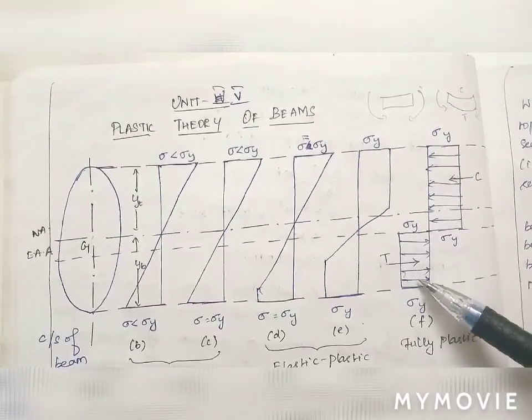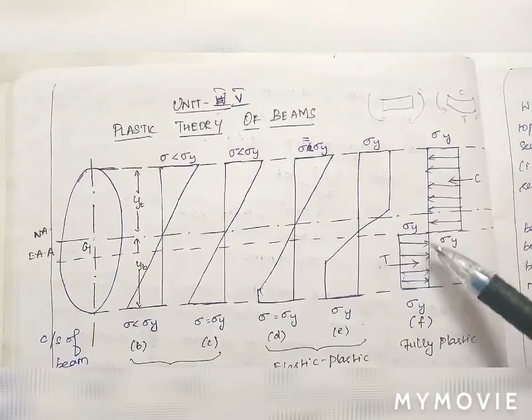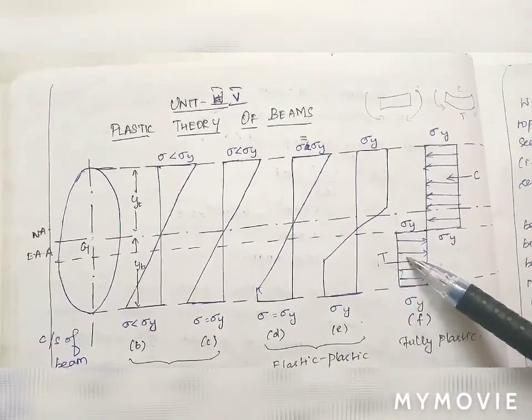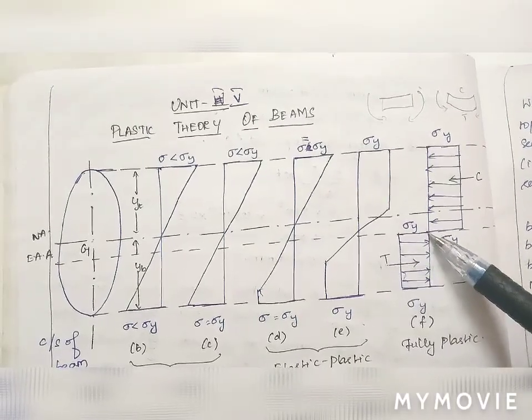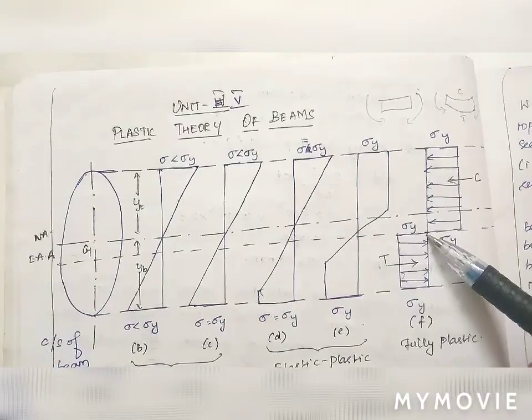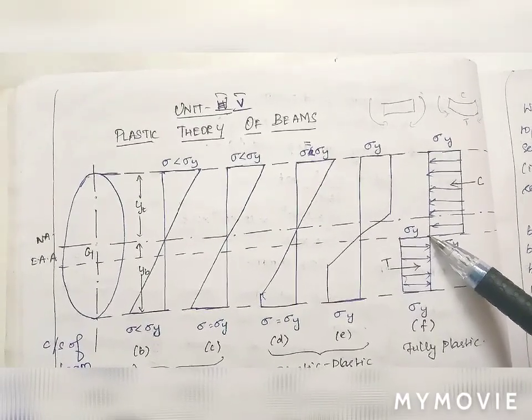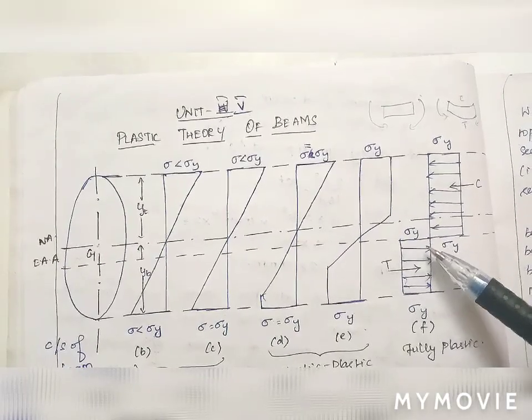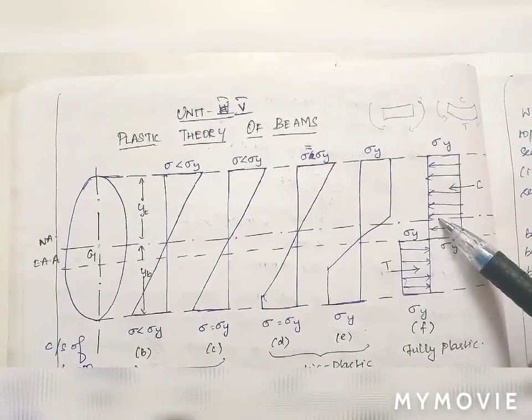Below this point all the fibers are subjected to tension forces, so all the fibers will tend to expand. At the junction the fibers neither expand nor contract. At this point complete yielding takes place, that is, neither tension nor compression takes place.